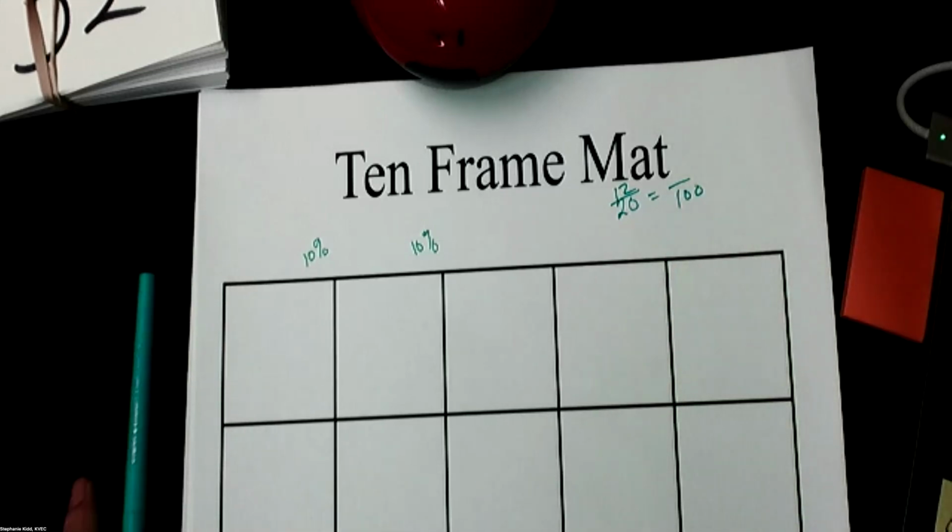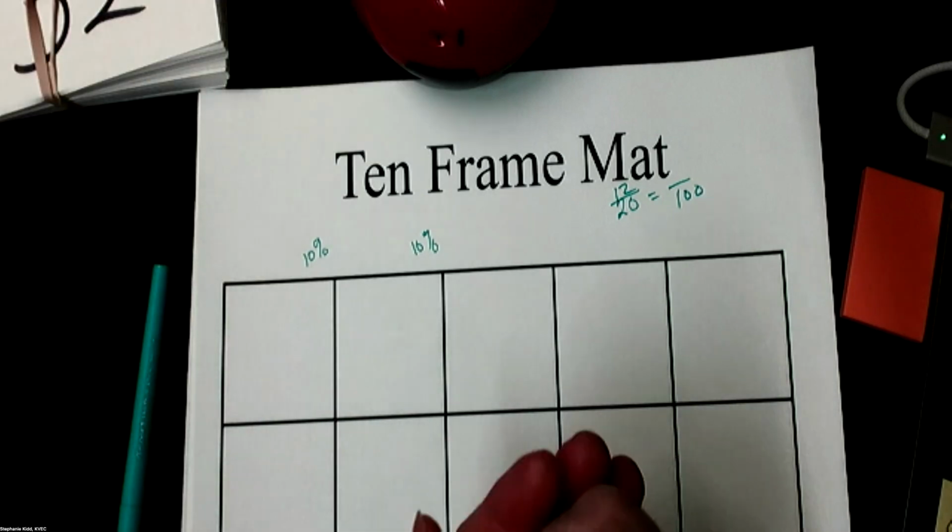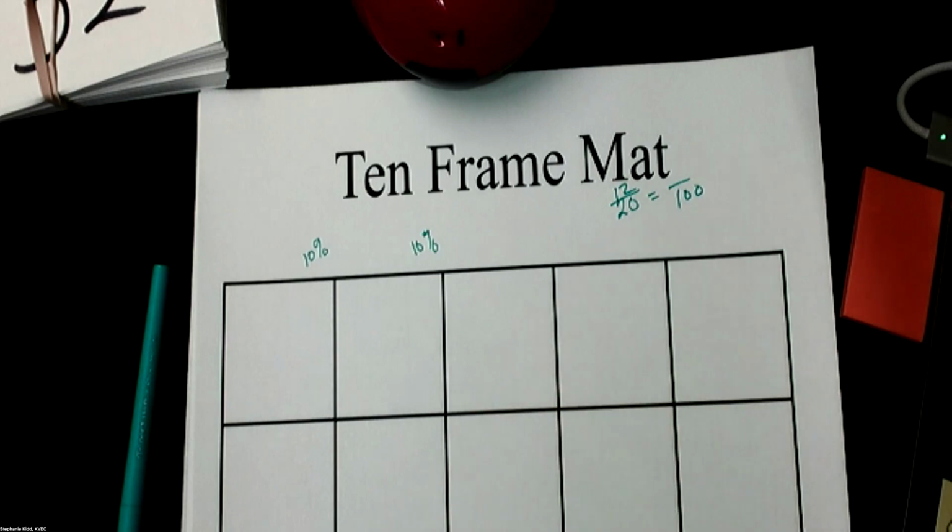Now, for most of us, we may have trouble with this because we're not seeing what our kids aren't seeing, what we need them to see. So I'm going to say, how many do you need? Total is 20, right? And so let's get out 20 little cubes. And I'm going to fair share them amongst my board.